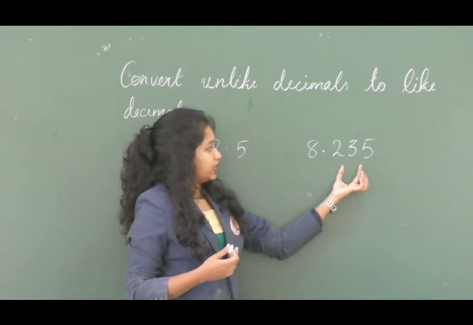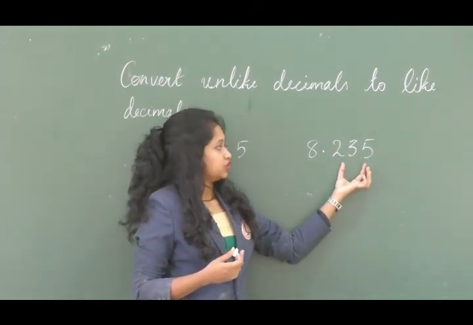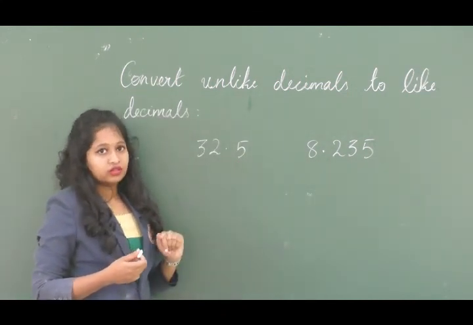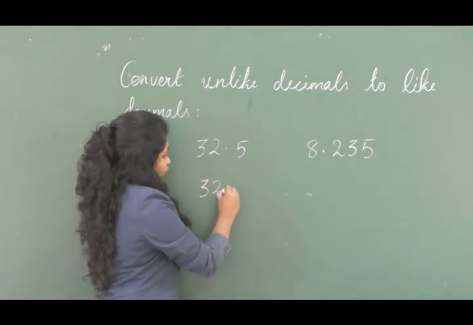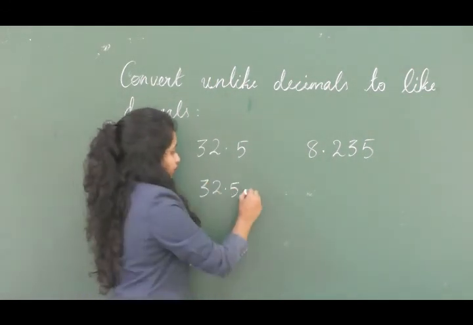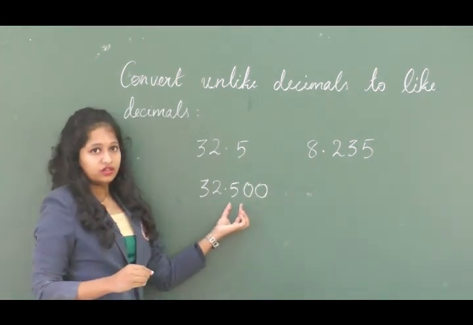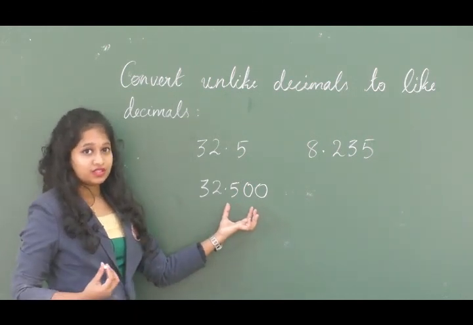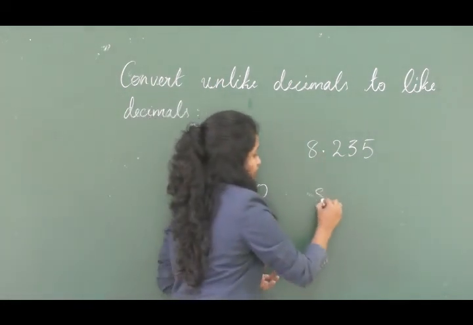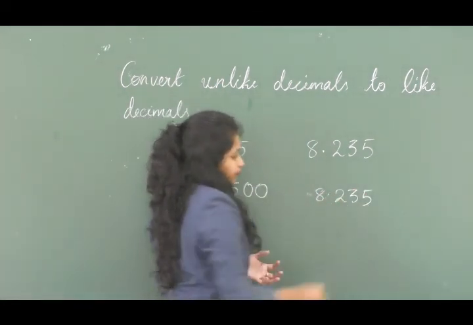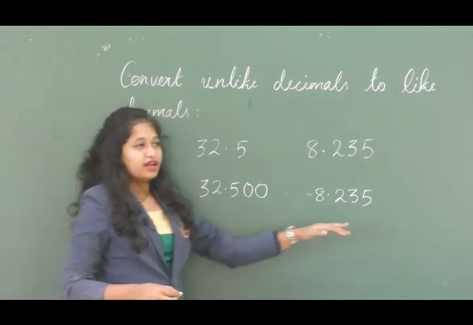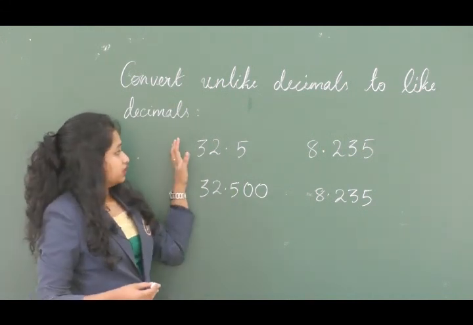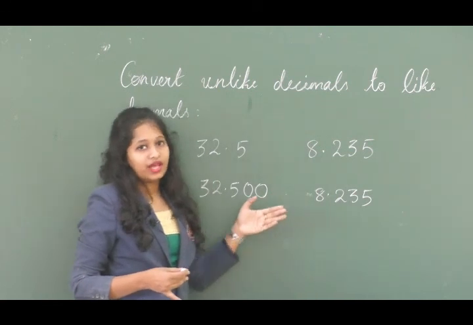So here we have 3 digits in the decimal part, isn't it? Here we have only 1. So if you add 2 zeros after 5, now there are 3 decimal places, isn't it? 32.500. Here the number is 8.235. Now you see both have equal decimal places. So now I have converted the unlike decimals into like decimals.